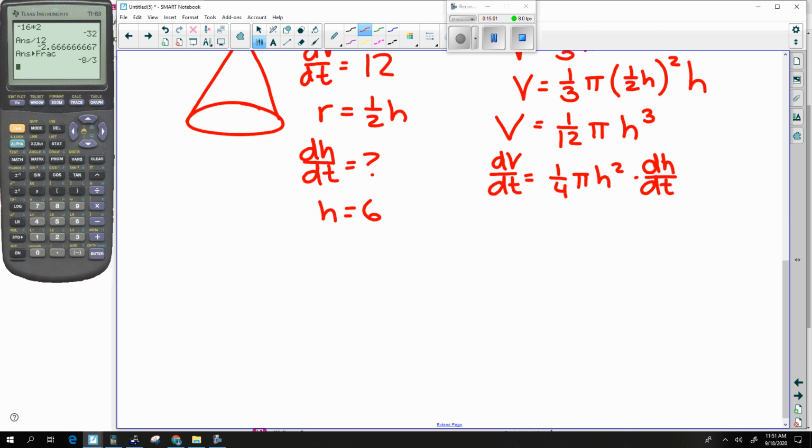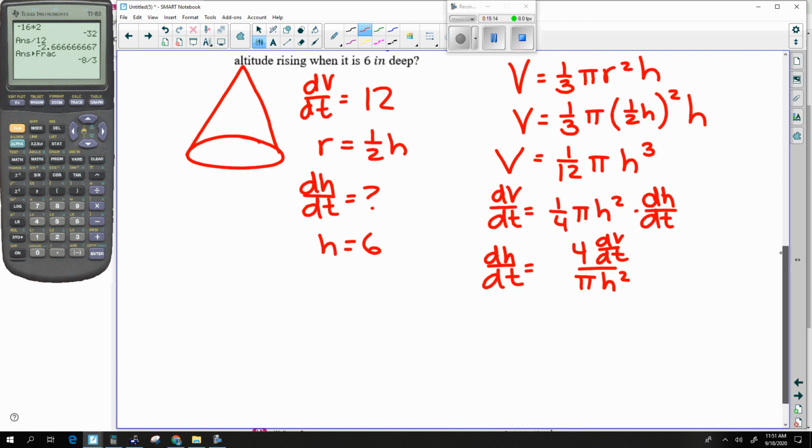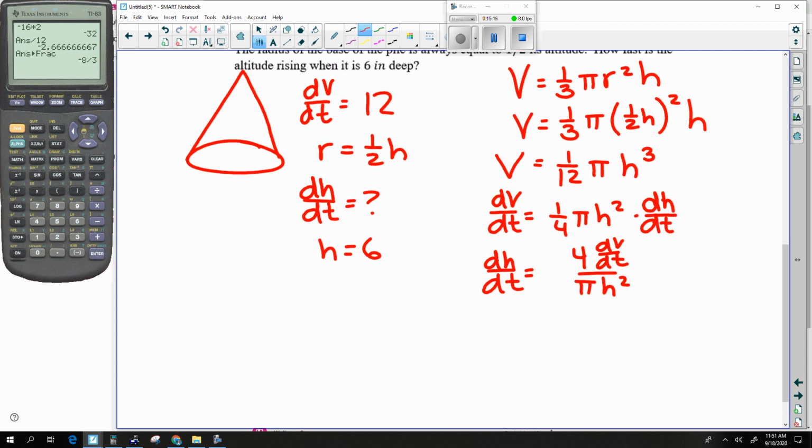So this question is asking for what is dh/dt. That would be multiplied by 4, divided by pi and h squared. So the numerator is 4 times dV/dt, divided by pi h squared. I'll worry about that later.